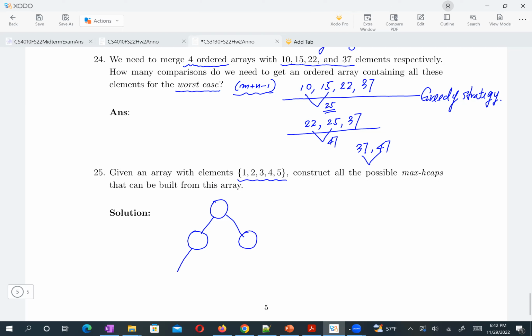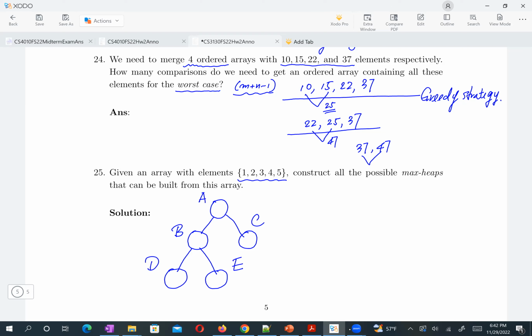We just need to fill in these 5 nodes with different possible numbers, in 1, 2, 3, 4, 5. Let me just use the position A, B, C, D, E, for discussion purpose.